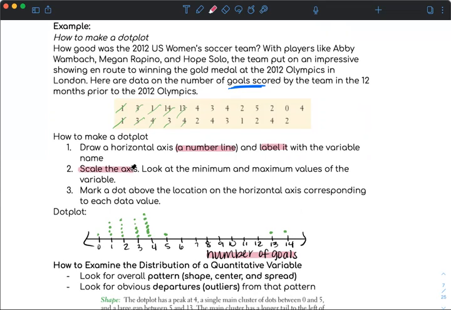Scale the axis. Notice that our values range from 0 to 14. So my smallest value is 0, largest value is 14. And then to record each data value, you just mark a dot above the location on the horizontal axis corresponding with each data value. So I've already done that here.